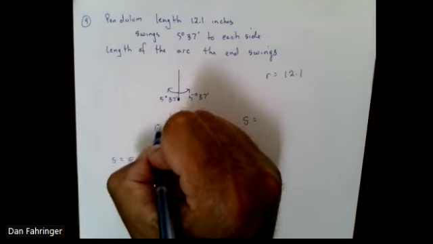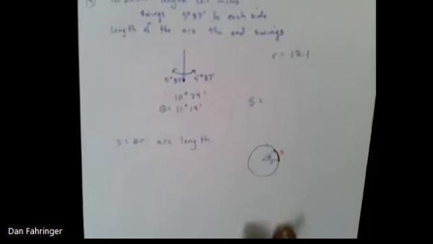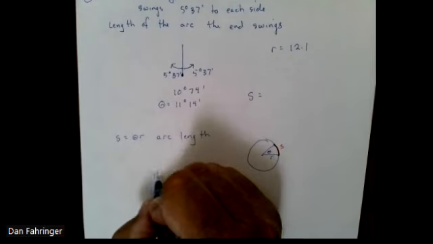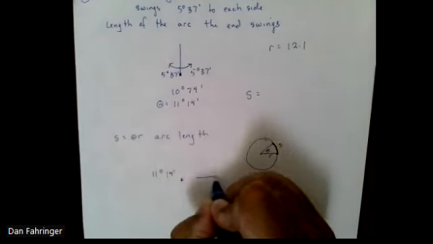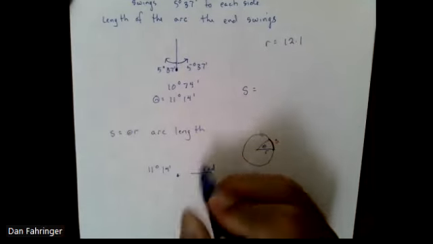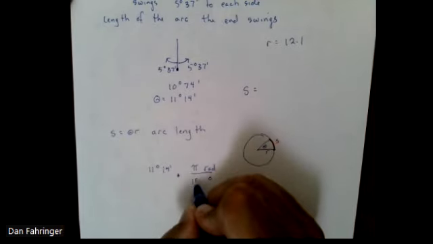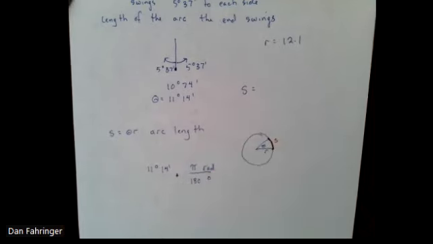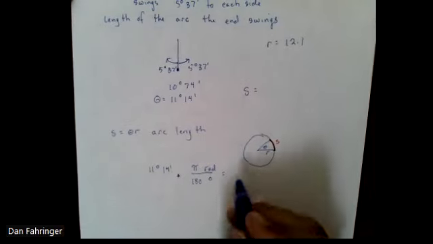Well, this is tempting because it says the angle measures 11.7, but I can't really use that. What I need to use instead is I need to take 11 degrees, 14 minutes, and I need to convert that into radians. And the way we did that, we had radians, we had degrees, we had pi, 180, and you'd have to do the conversion. So that's going to end up being my new theta.